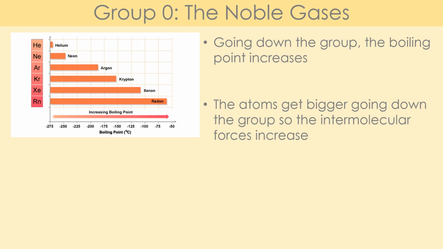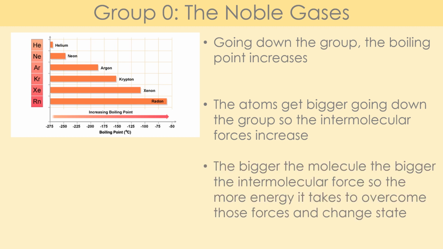Now intermolecular force is what holds them together in either solid or liquid, and that has to be broken for us to overcome it. So the bigger the molecule, the bigger the intermolecular force. So the more energy it takes to overcome those forces and change state. Now our intermolecular force is not a covalent or an ionic bond or a metallic bond.